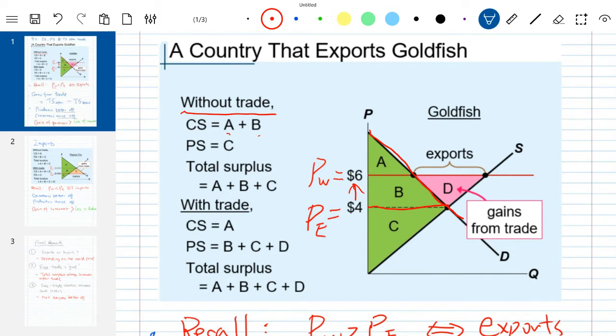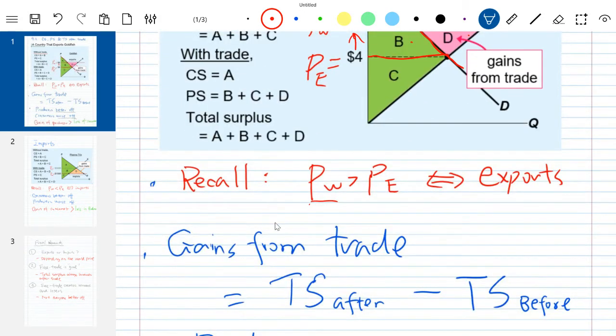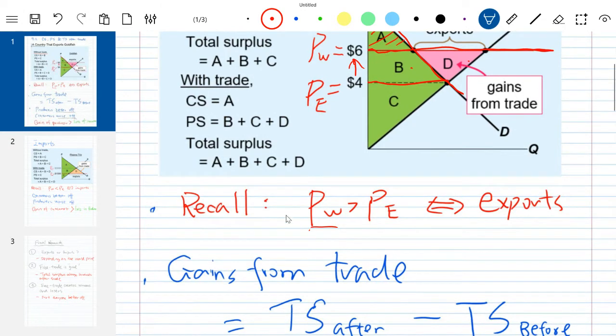So that makes the consumer surplus just this area A, because the equilibrium price has changed from $4 to $6. And similarly, producer surplus is the area below the equilibrium price, which is now $6, and above the supply function. So that's B, C, and D. Adding up the consumer surplus and producer surplus, we conclude the total surplus after trade is A, B, C, and D.